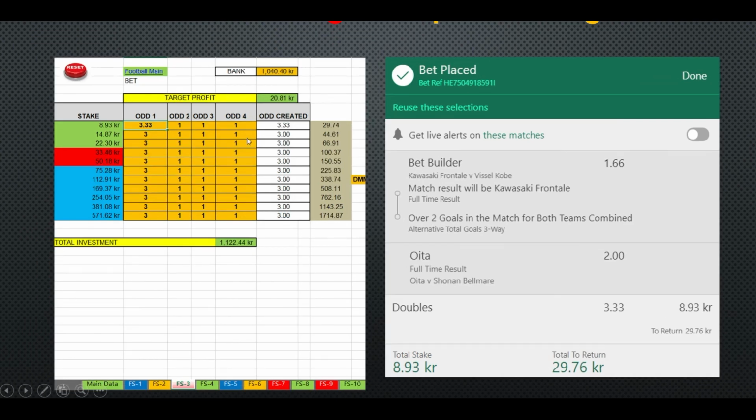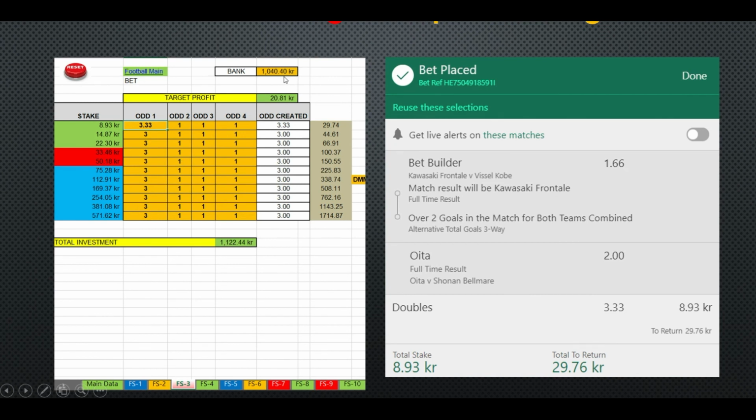Then we go on to the third bet. So it's Kawasaki against Vissel. So we pick again the home team, and here we pick over 2 goals in the match, so it means 3 and more. And then we bet also on the home team Oita versus Sonan, gives us 2. So if we combine those, it gives us 3.33.